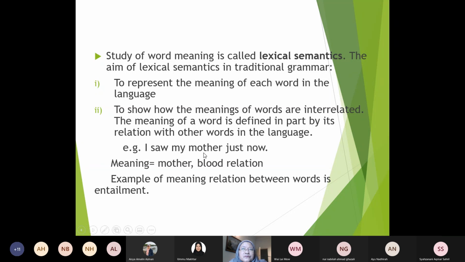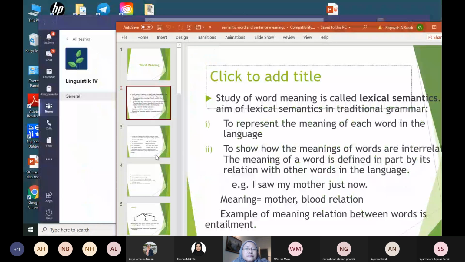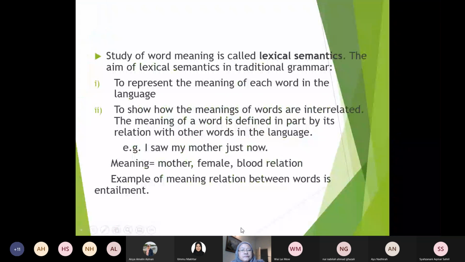The word is mother, and a mother is female, and there is a blood relation between mother and you. So I want to say female, relation. Okay, so the word mother here represents female and blood relation.